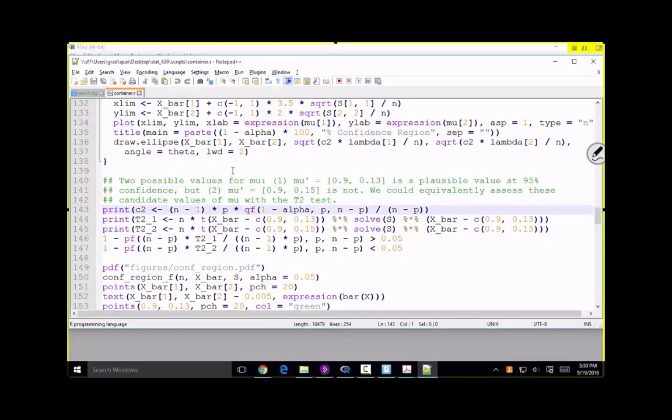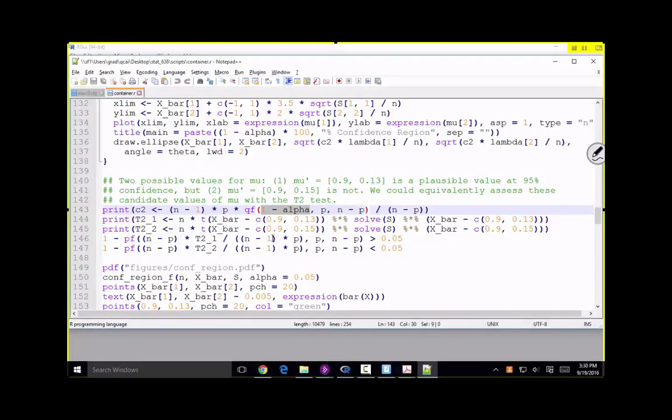Right here, I am computing the distance within which defines the confidence region. So this goes to get the scaled F percentile. Go to the F distribution with P and N minus P degrees of freedom and give me the 1 minus alpha percentile.